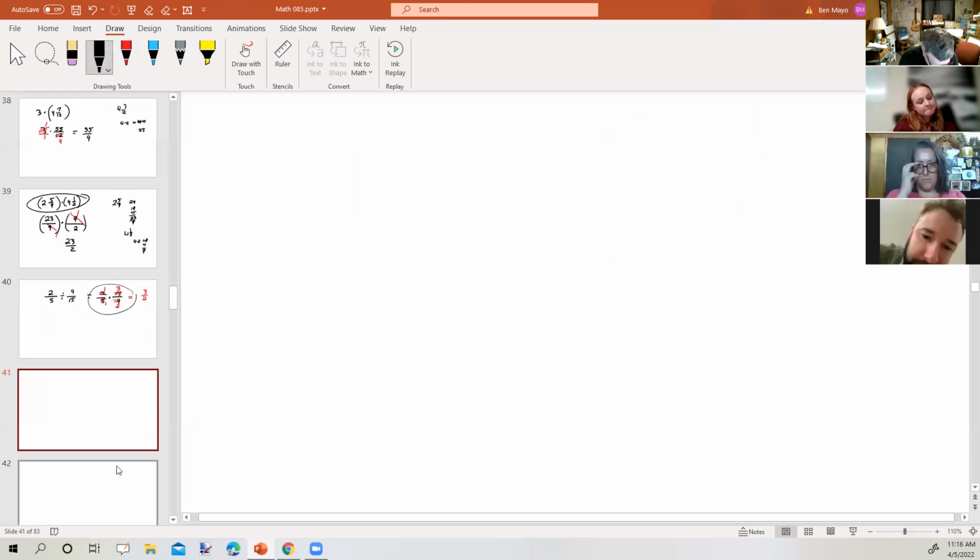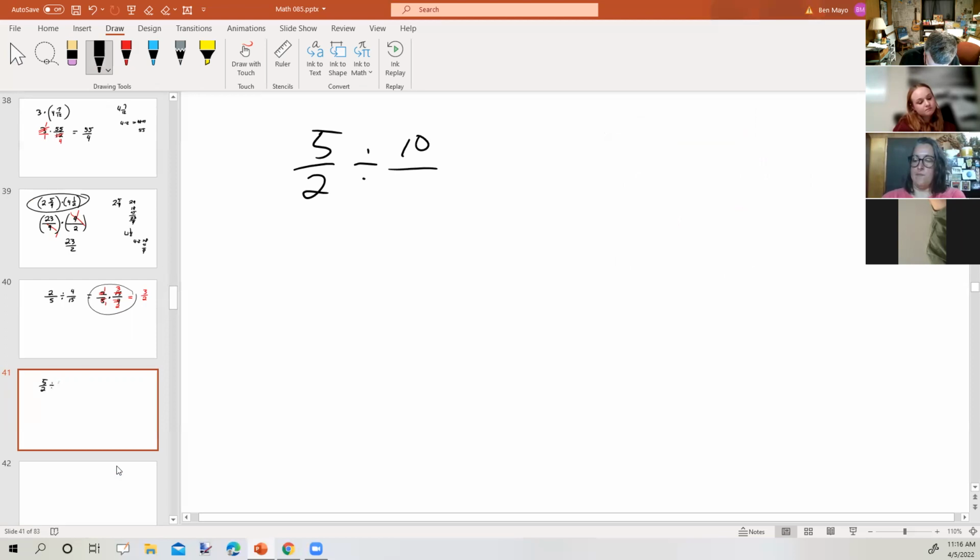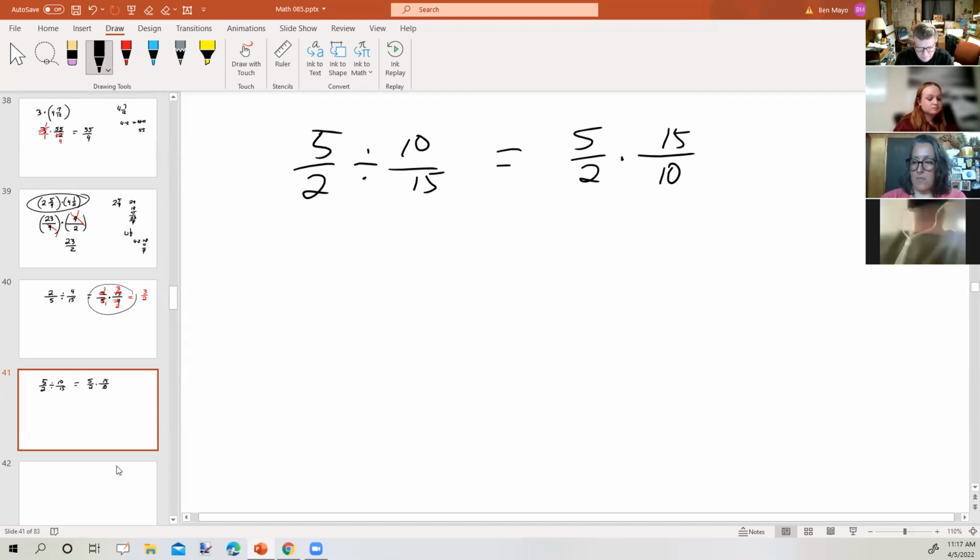How about this one? 5/2 divided by 10/15. So that's going to be 5/2 times 15/10. Now I can come in and pre-reduce if possible. Let's see.